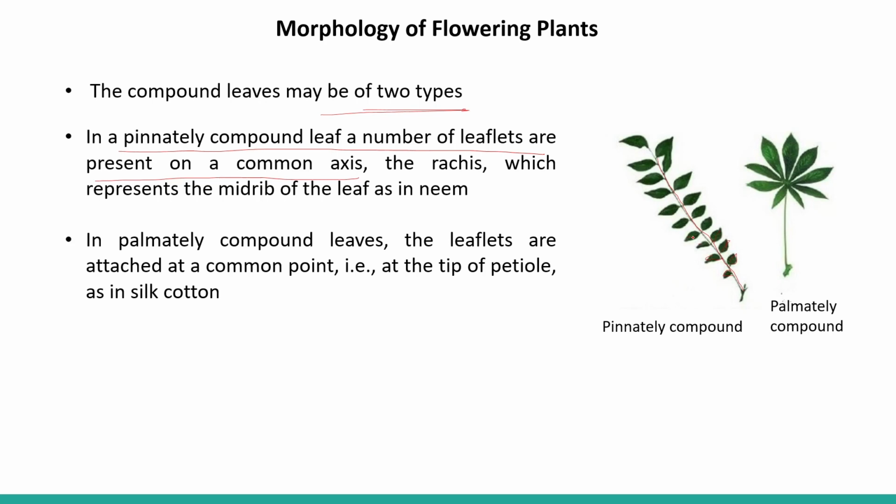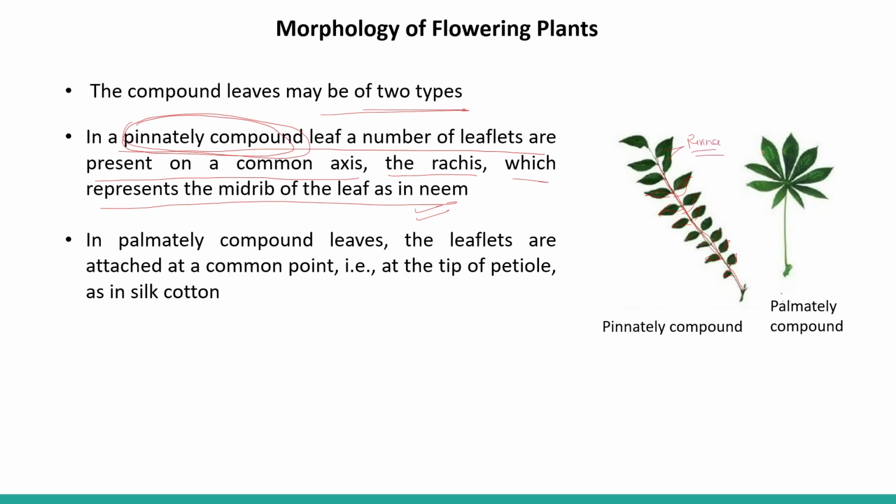The rachis, which represents the midrib of the leaf, is as in the case of neem. So this is the rachis or the midrib, and on both sides we have the leaflets, right? So this is called a pinnately compound leaf, and these are called pinna or leaflets.